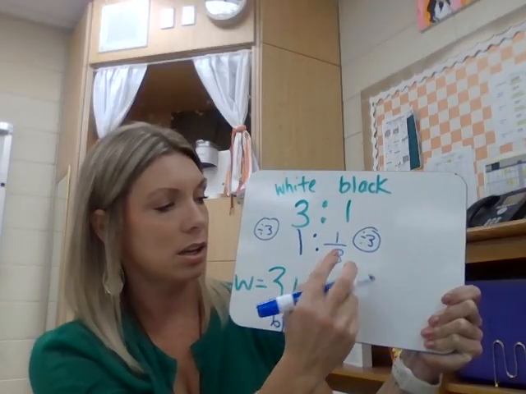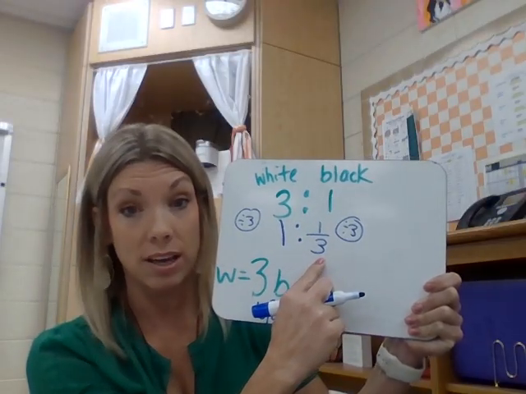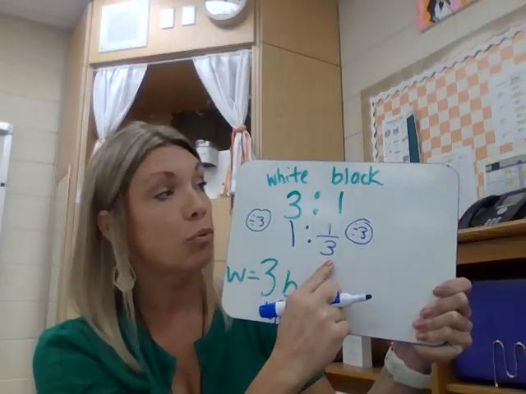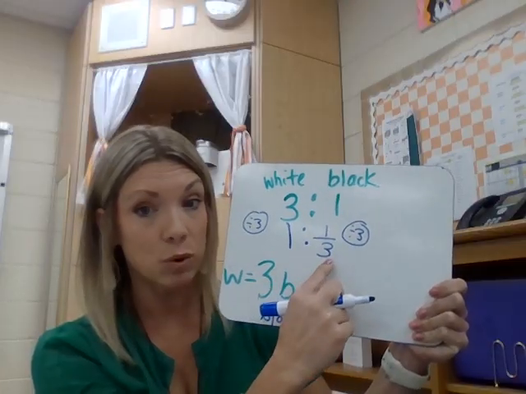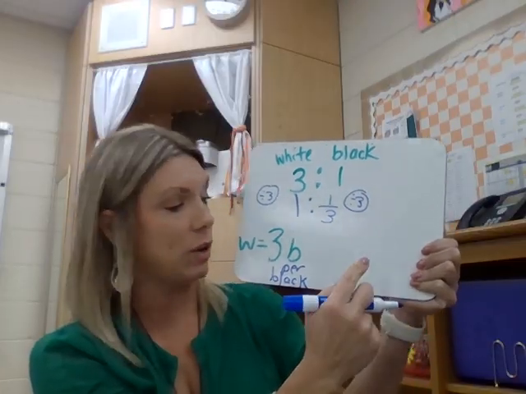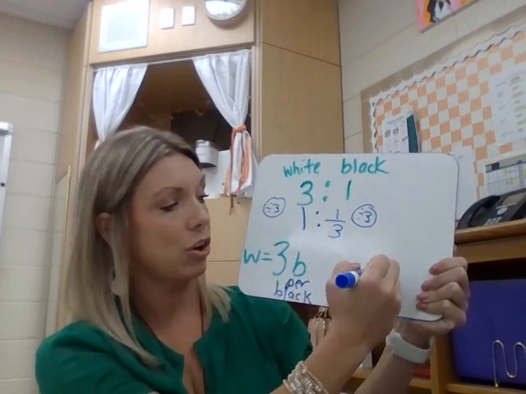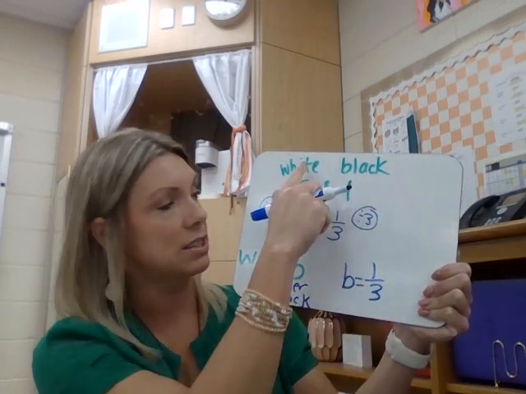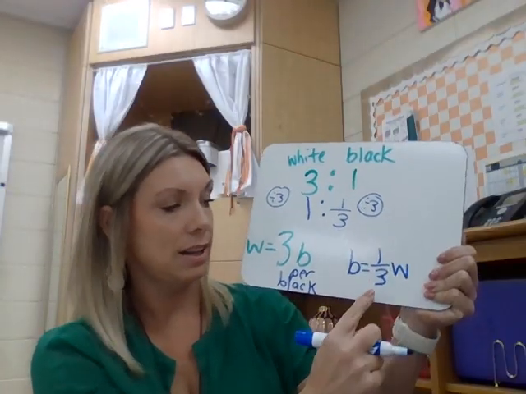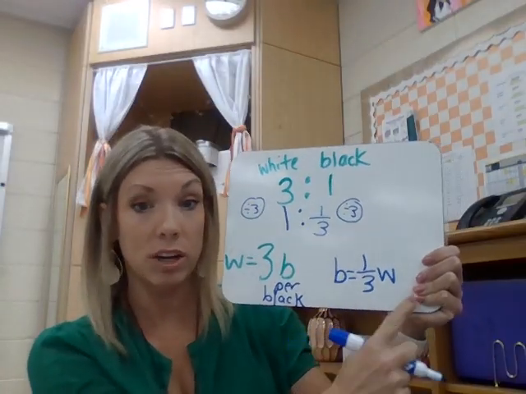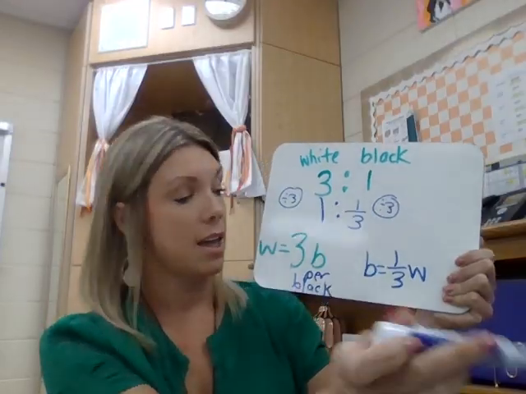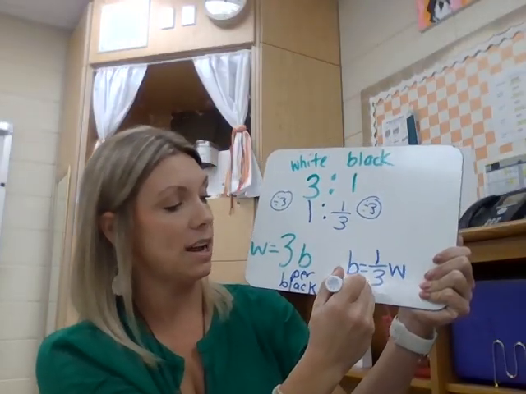That's 1/3. That is 1 divided by 3. So now your unit rate for per white is 1/3. So the new equation is going to be B equals 1/3 W. And now the 1 is under white. And this is your other equation. 2 equations, same ratio. This one is per white.